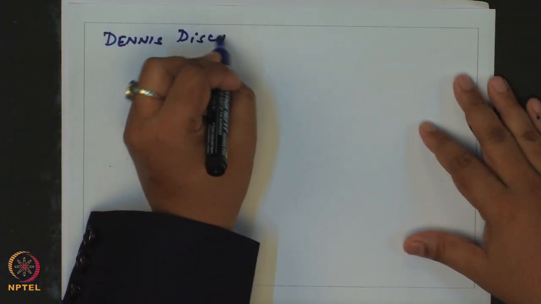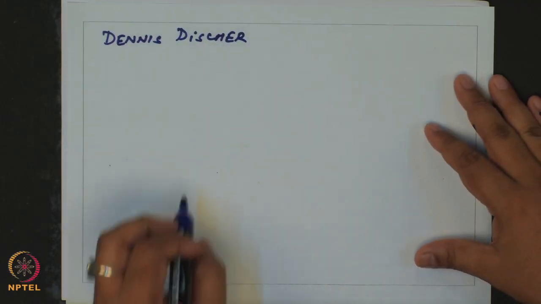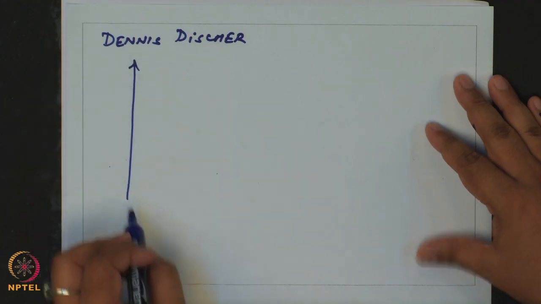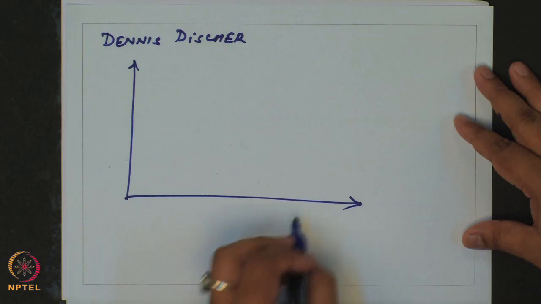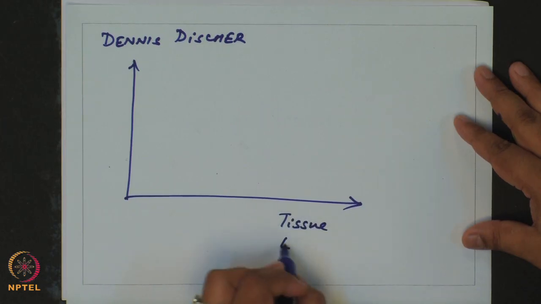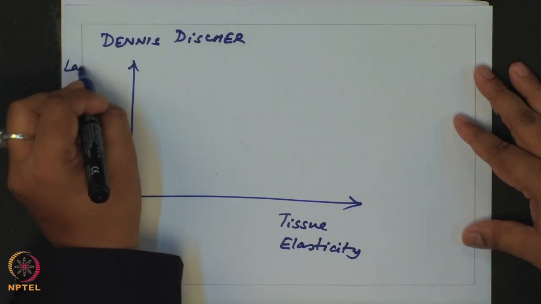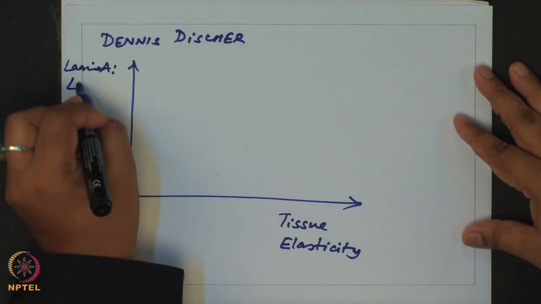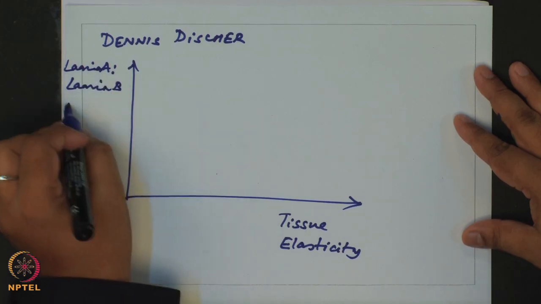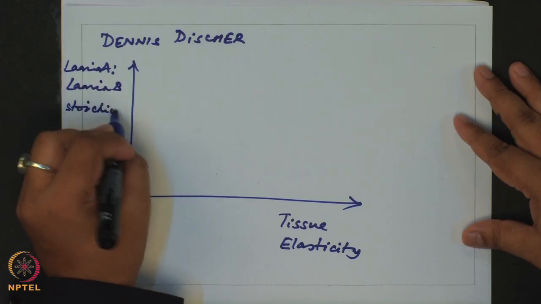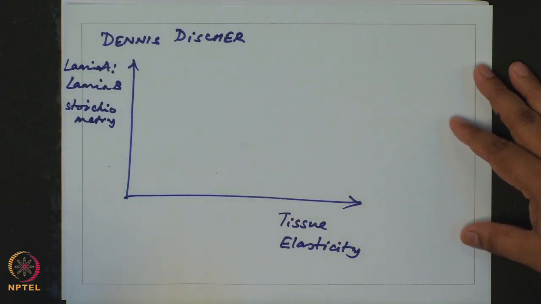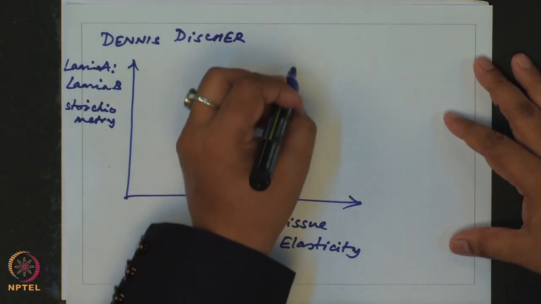So, in a seminal work, Dennis Discher and colleagues showed that if you have an axis of tissue elasticity versus lamin A to lamin B stoichiometry, you would find a linear relationship.